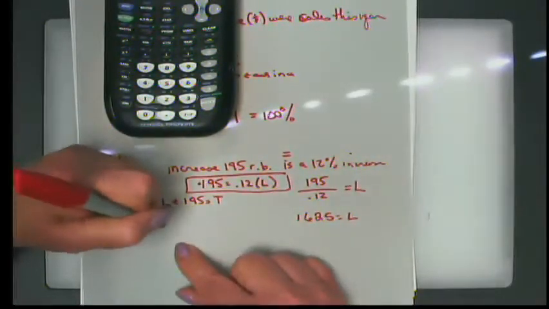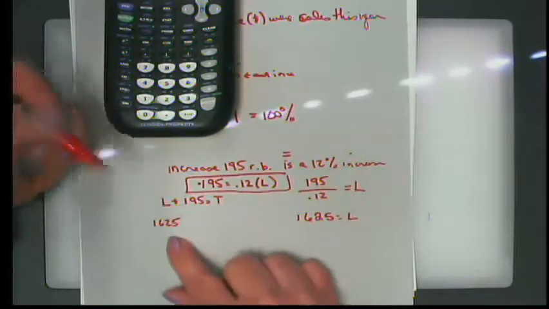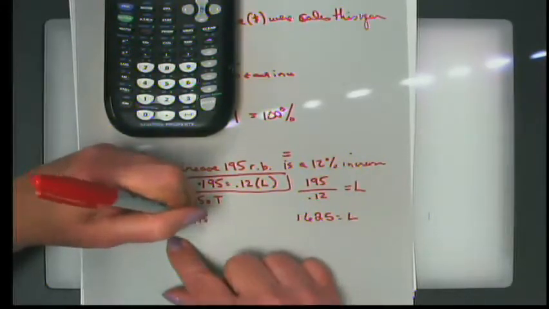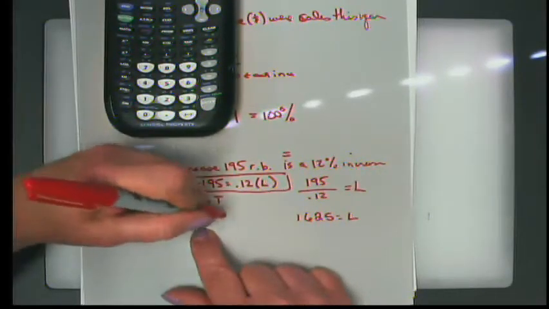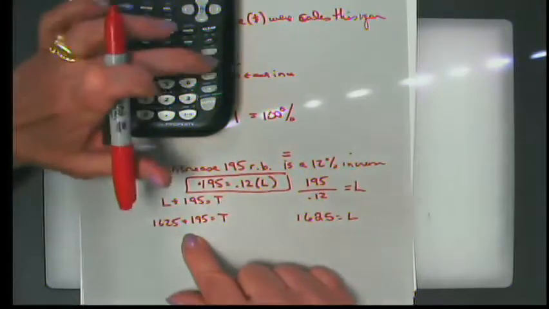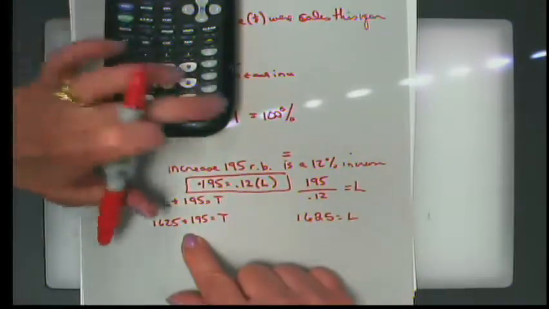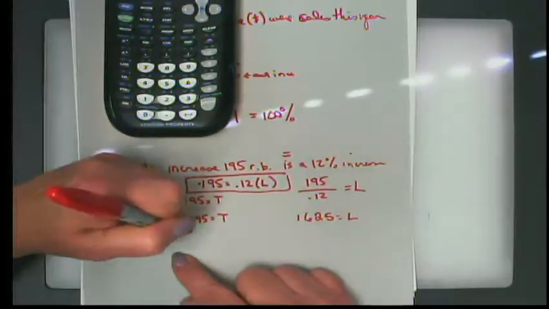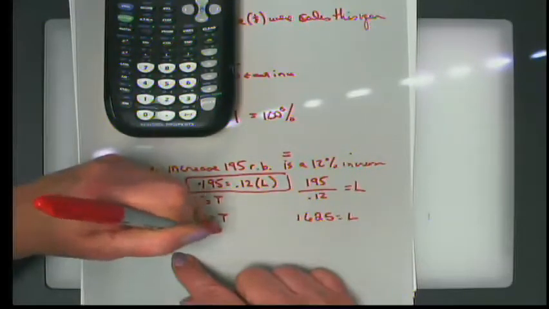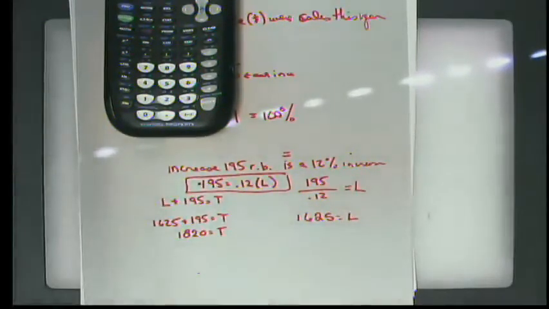If we said 1,625 last year plus 195, the increase, equals this year's, and we add those two together, that would be 1,820. So that means that she sold 1,820 this year.